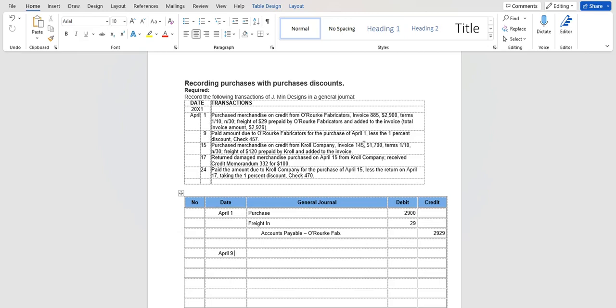Okay, I think I may have skipped one. Let's move it back. So we're at April 9th. We paid the amount due to Heroic Fabricators for the purchase of April 1st, less the 1%. We're going to make a payment so that we can receive the discount. When we make payment, we go to our accounts payable, which has to be debited to get it off our books.